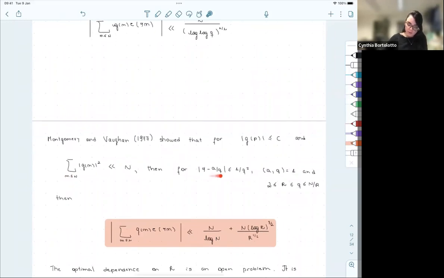We again take an approximation of alpha, and we suppose that our q is bigger than R and smaller than N over R, where R is just a parameter here. Then we can prove that our sum is bounded by N divided by log N plus N times (log R)^(3/2) divided by the square root of R.